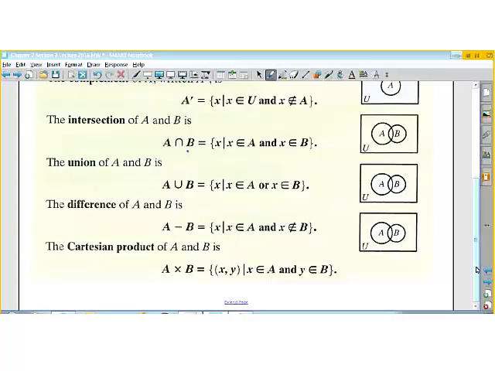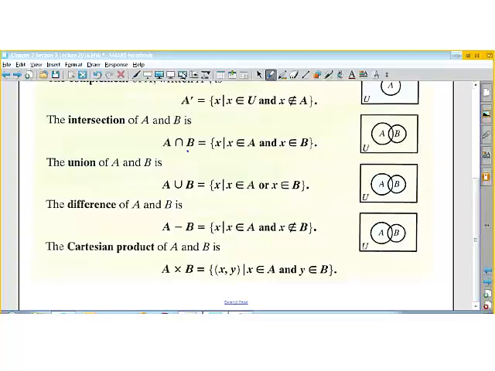This represents the intersection. So to get A minus B, you take the elements in A and you remove the intersection, the values that are common between the two. And we're just going to ignore that right now. Cartesian product, that's just the definition. So this is just a summary of the definitions and what the corresponding Venn diagrams are associated with.